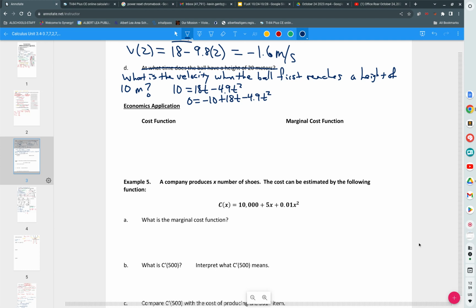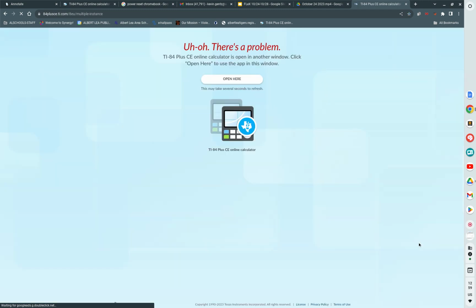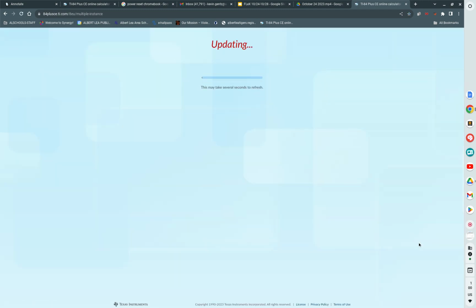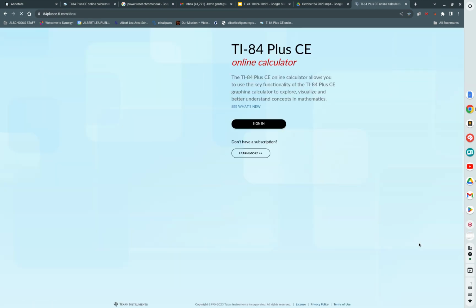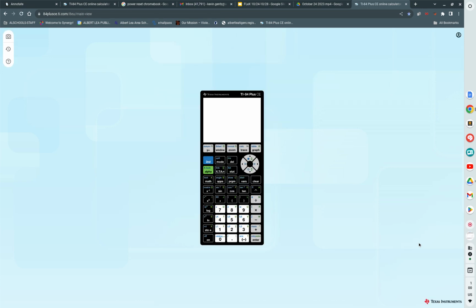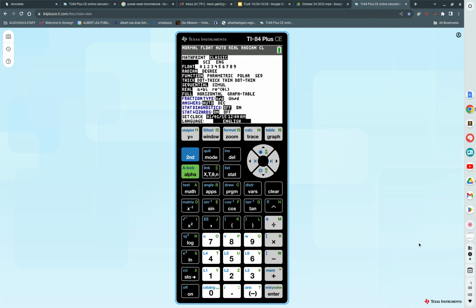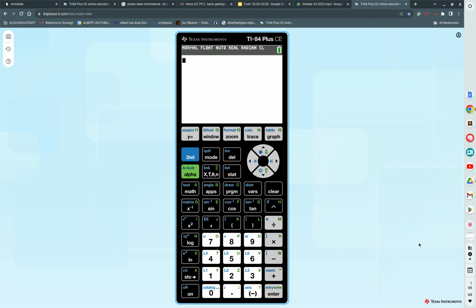I think that most of you have hopefully put this into your calculator, but let's go to our graphing calculator and type this in, see what we get. Okay, if you hit program, oh no, is it gone?